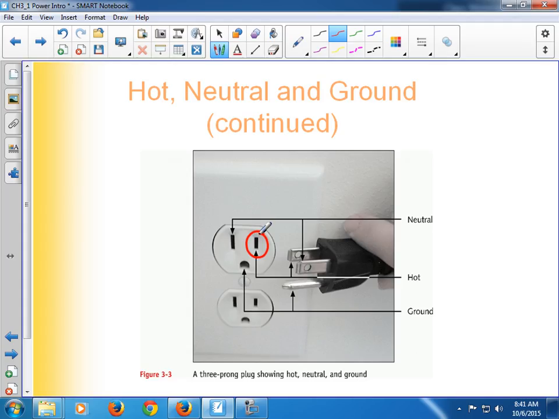The big one is neutral, and the other one on the bottom is the ground. It's not hooked up to anything electrical at all, if it's done correctly. The ground goes to your circuit breaker panel and then goes to the ground. That's why it's called ground.